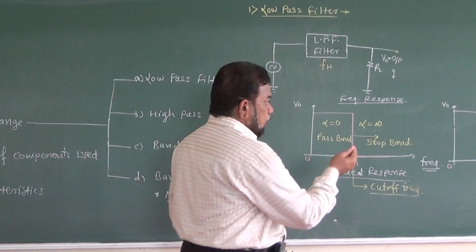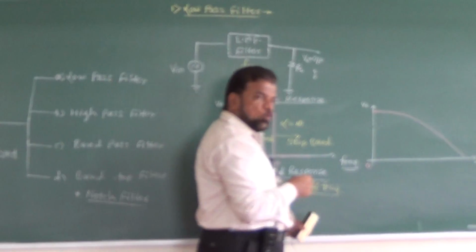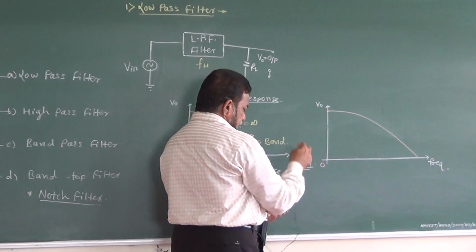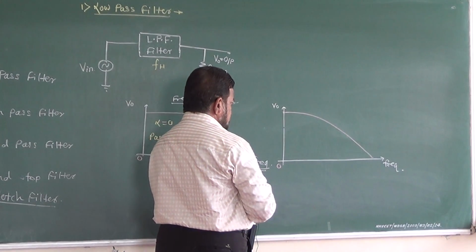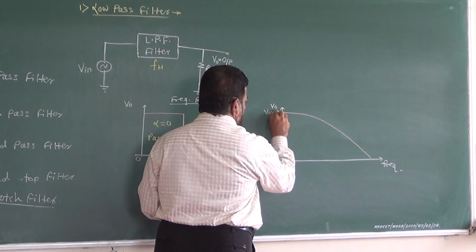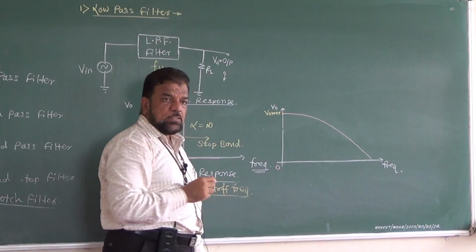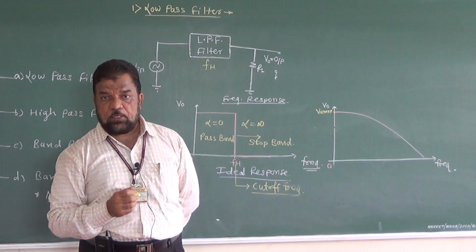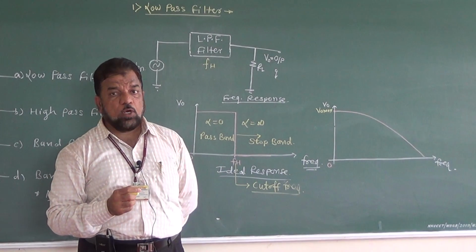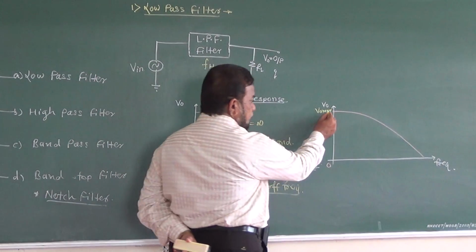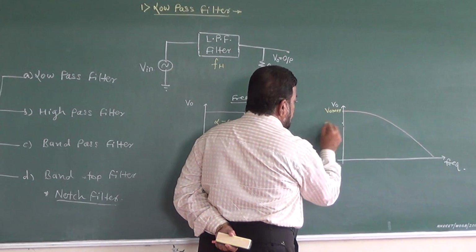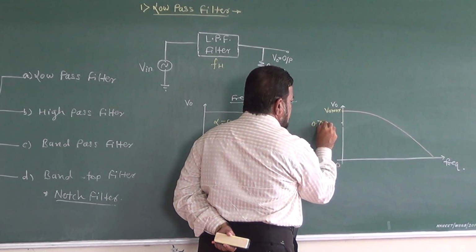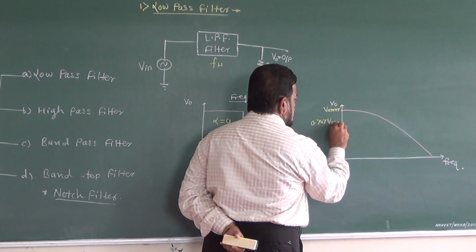Okay, so here if I have maximum output voltage, V0 max, then this V0 max is multiplied by 0.707, or 1 by root 2. That means this maximum VO I am multiplying with 0.707, that is 0.707 VO max.